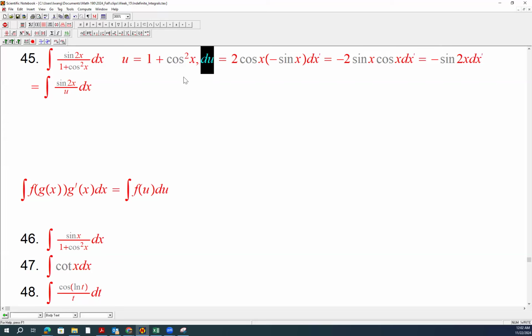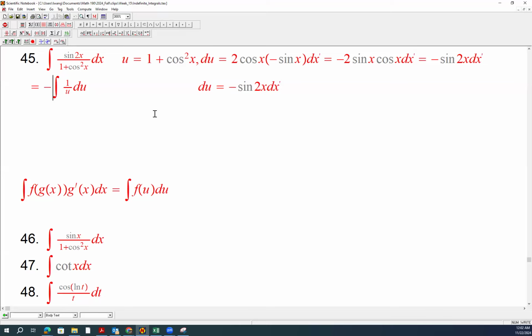Let me write this down here: du equals negative sine 2x dx. So now it's obvious that sine 2x dx is negative du, and the negative sign I put in the front.